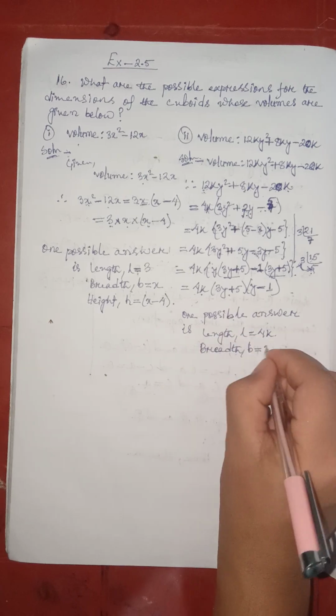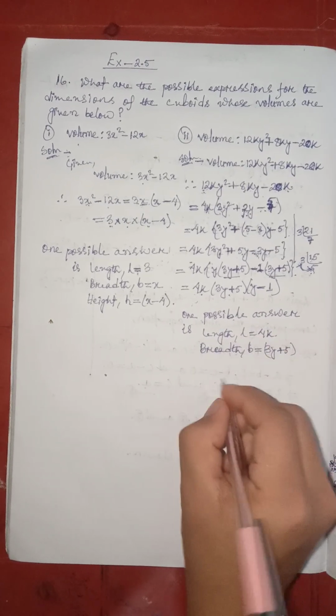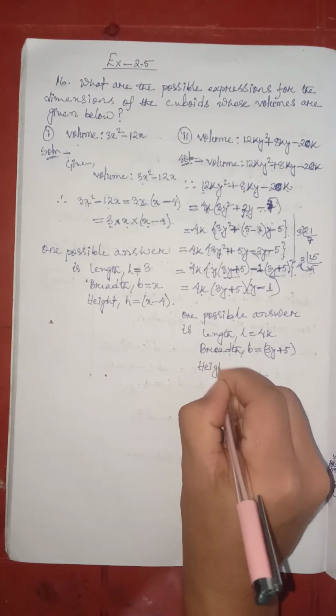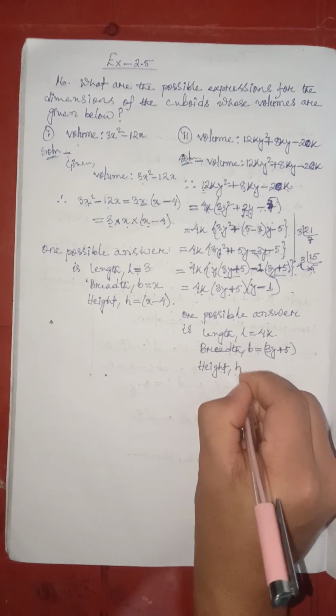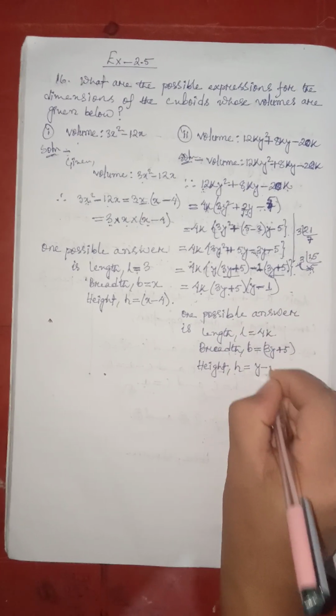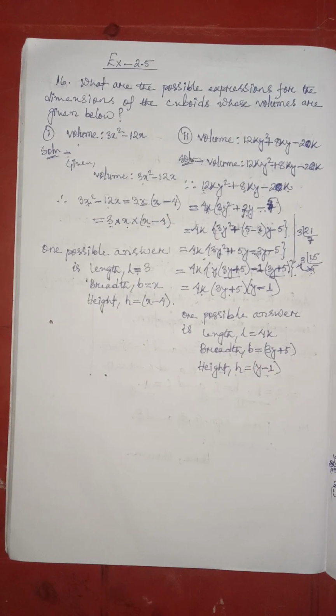It is 3y plus 5, right? And height, what is this? It is y minus 1. This is all the question asks us to find. And that's all.